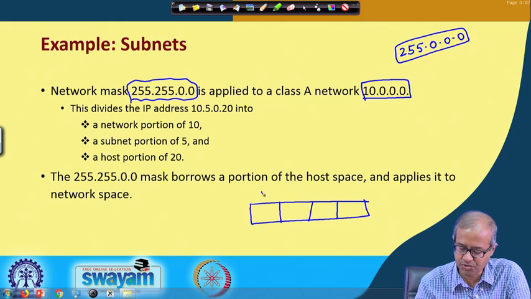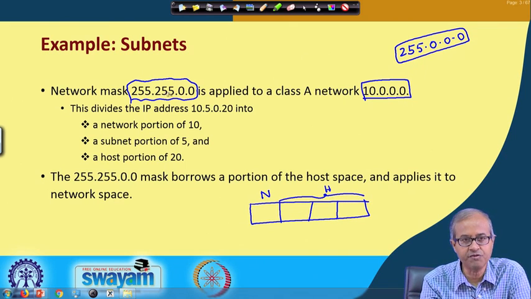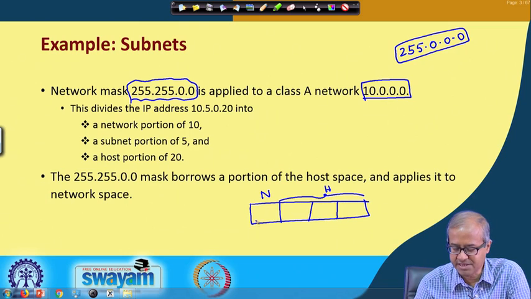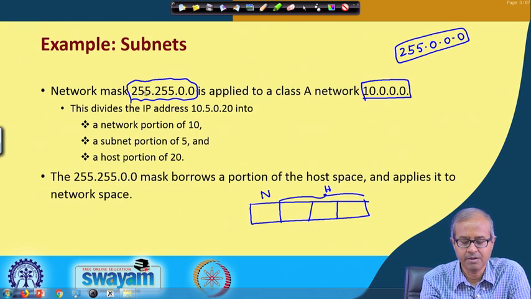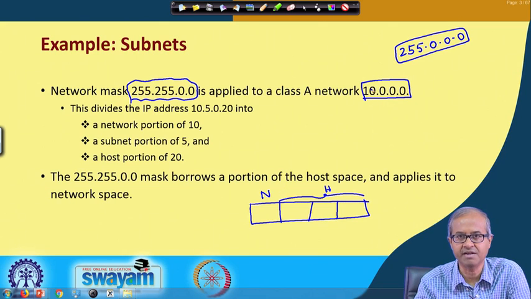The first was the network, the remaining 3 were the host. Now, when I say 255.255.0.0, essentially I am saying my first 16 bits are my network. Already the first 255 is network because it starts with 10. So the next 255 also I am borrowing as the network; this will be my subnetwork. So, as if this will be my network, subnetwork, host, host.